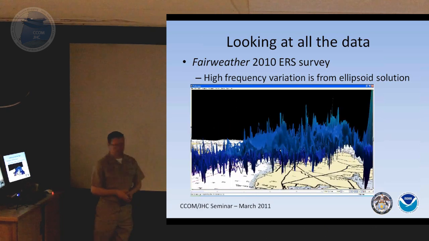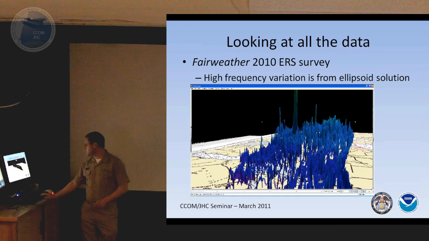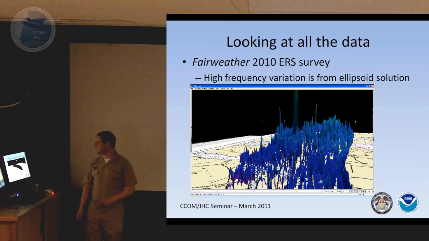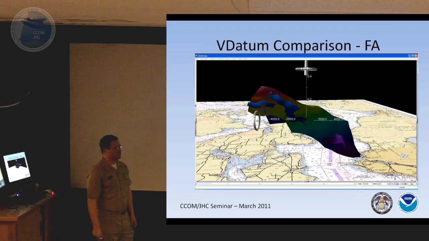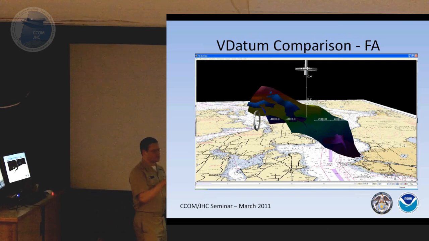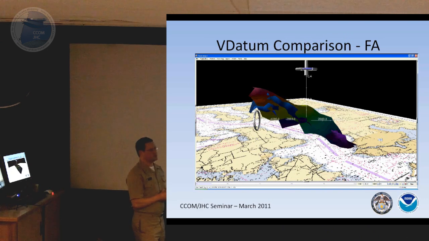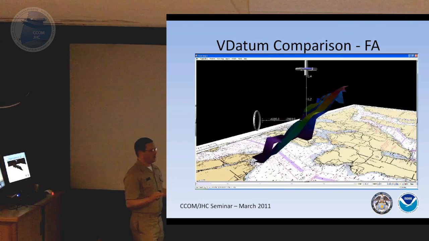And so if we average this, basically I did a 1 kilometer moving average. One surface there is VDatum, and the other one is the ERZT surface. So even though you have those little hitches coming from your tide zoning, and even though the vessel may have gone to some of those places multiple times and gotten slightly different answers, when you average it out, all those things go away.